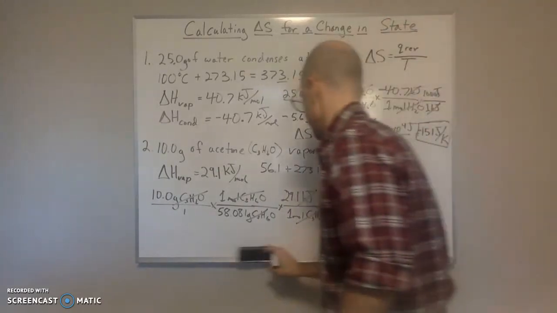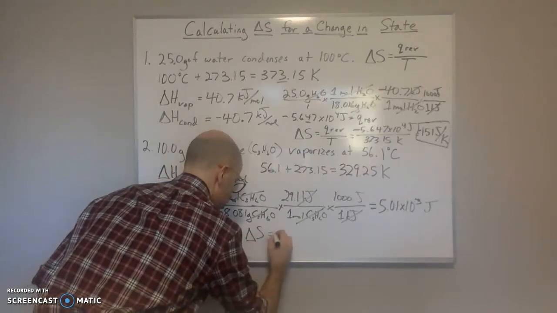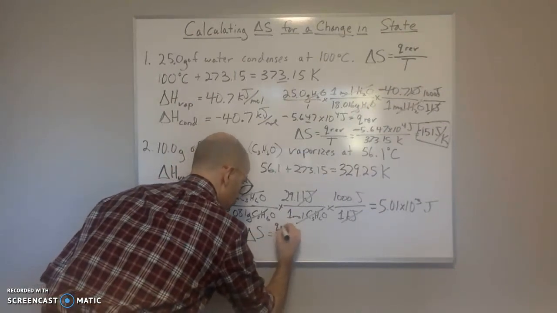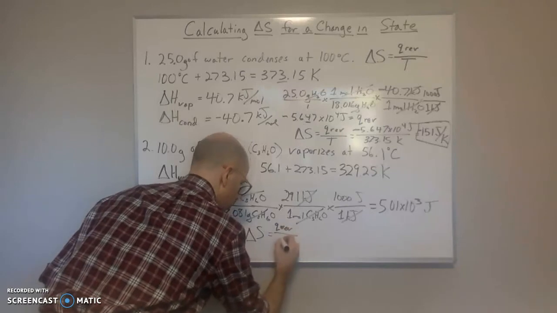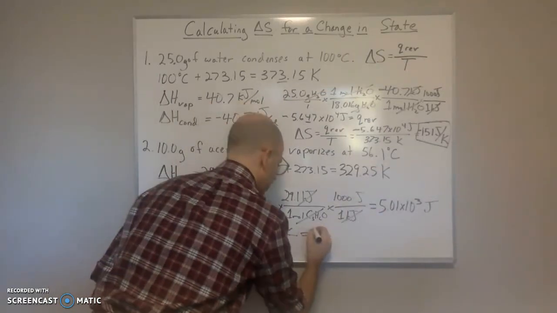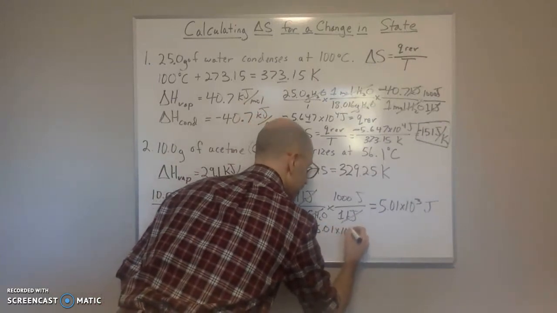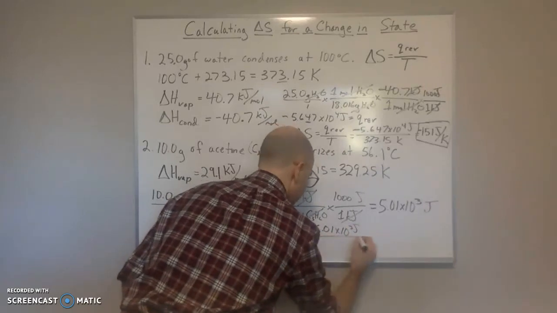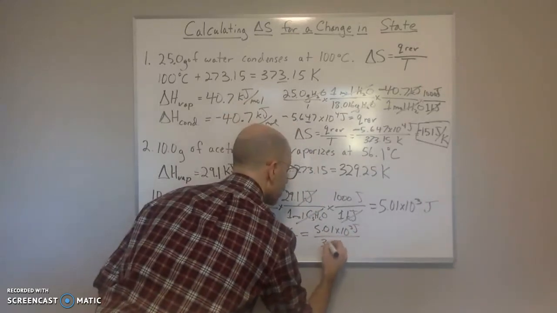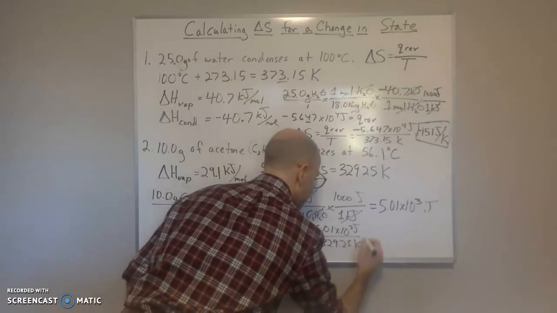So delta S is equal to Q reversible over T. It's going to be 5.01 times 10 to the third joules divided by 329.25 Kelvin.